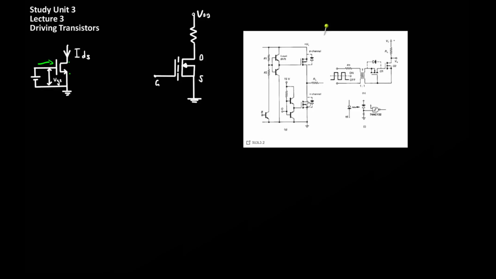Each device, however, does require a different driving circuit, even though both driving circuits will be run by the same switching signal Q. The N-channel device is driven by this known emitter follower configuration over here, which simply uses 2 BJTs to provide the required current to compensate for the gate capacitance on the N-channel device.